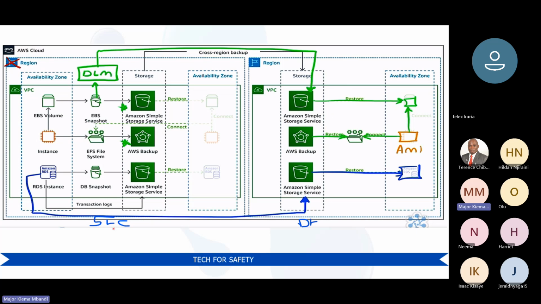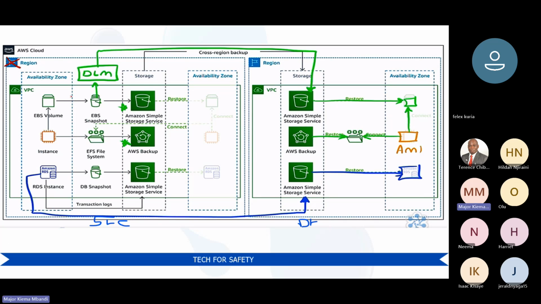So we have the source and you have the DR, disaster recovery. The RDS instance is running in region, let's say A, and you have region B on this other side. Also you can migrate and copy the DB snapshot to this Amazon S3 bucket that is stored in a different region.